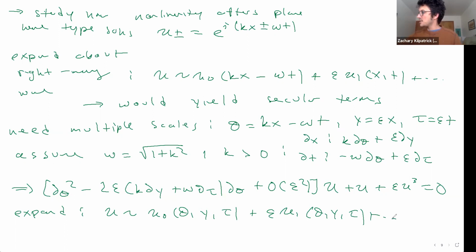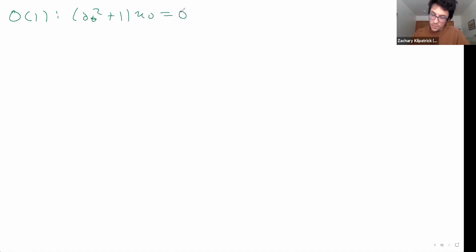So as I do this, what I should find is that at order 1, I get (d theta squared plus 1) u0 equals 0. The typical thing happens: I get u0 is equal to some amplitude of my slow variables times cosine of theta plus phi, with A(y, tau) and phi(y, tau).